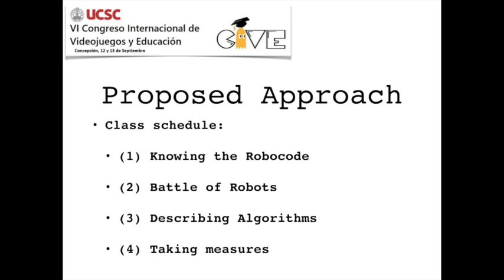Step number 3 is about describing algorithms. Students were required to design strategies, and to describe these strategies through algorithms. And at the end, the students were requested to take measures about the battles.